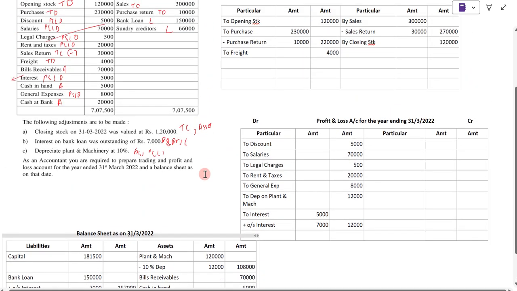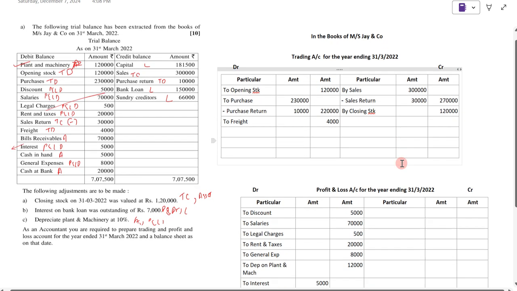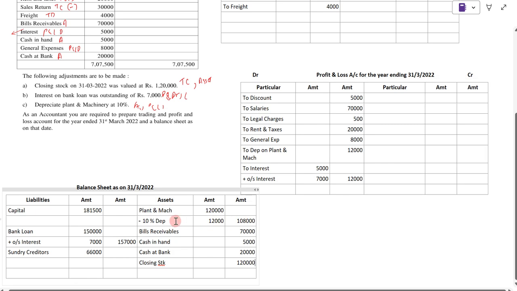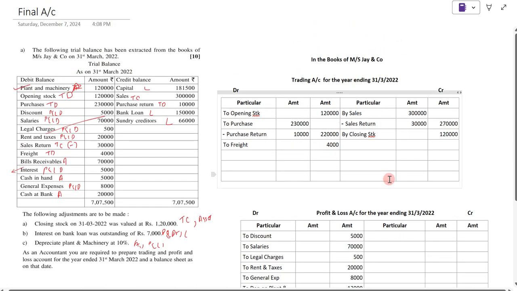Okay. Now all the entries from this trial balance we have posted in their respective accounts, that is trading account, profit and loss account and balance sheet. Now we will close the respective accounts. So first we'll close the trading account. First we have to see whether the debit side or credit side is more. If the credit side of that account is more than the debit side, then we will have profit.